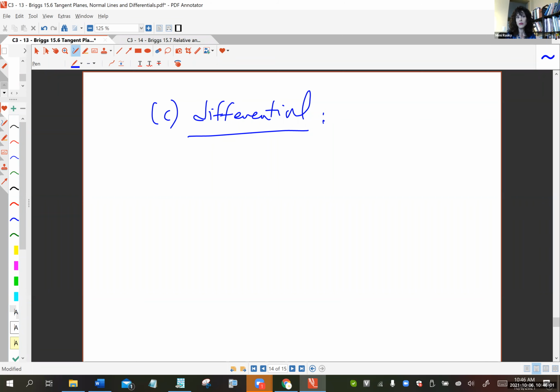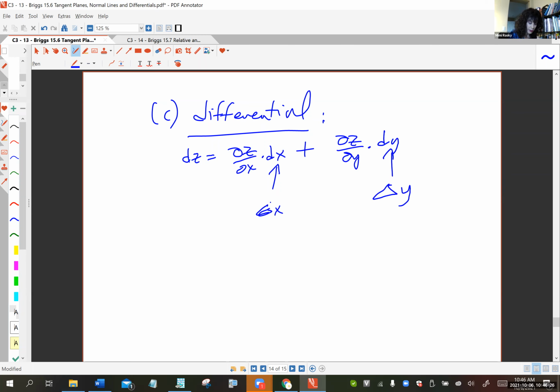One will be answering questions about the differential, and the other part will be the linear approximating function. So the differential dz, let me just write the formula here again, is the partial of z with respect to x times dx, and dx is just the change in x. You just use delta x, plus the partial of z with respect to y times dy, and you can use delta y in place of the dy, okay?